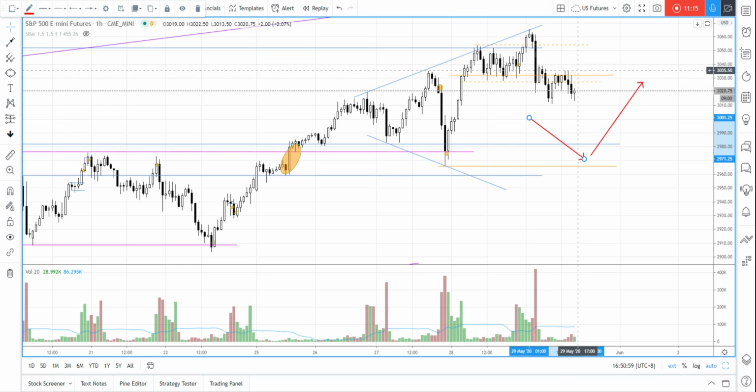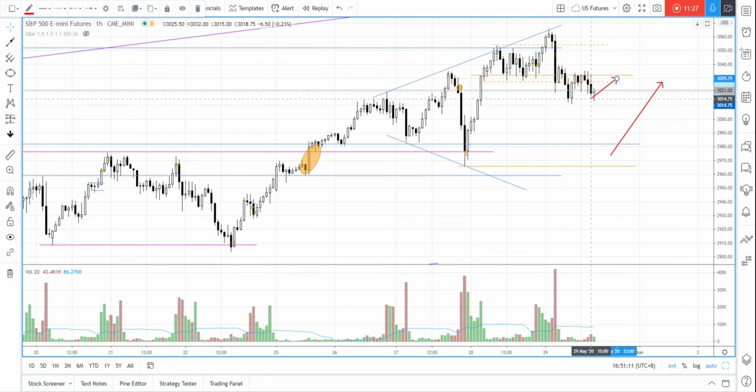As we can see, there were quite a few rejection tails here. So if you have a rally up here and show rejection, then it can probably become my short entry to trade it down to the first support level, 2980. So this is one of the potential trades that I am watching and anticipating as well.